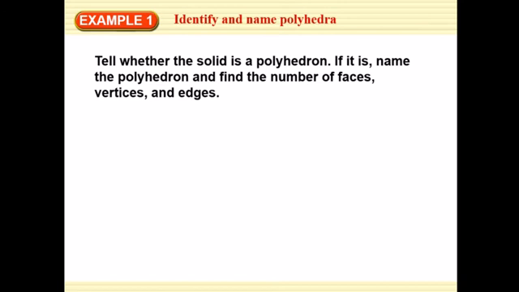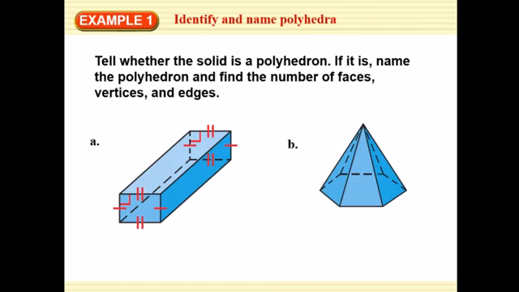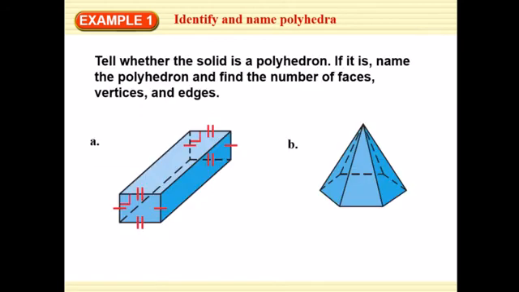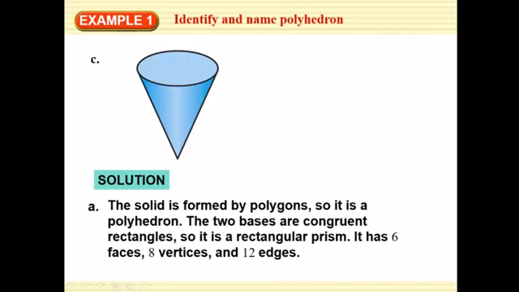Alright, so looking at example 1, tell whether the solid is a polyhedron. If so, name it, and find the number of faces and vertices and edges. So you're going to have to count. So here are parts A and B. For part A, the solid is formed by polygons, so it is a polyhedron. The 2 bases are congruent.